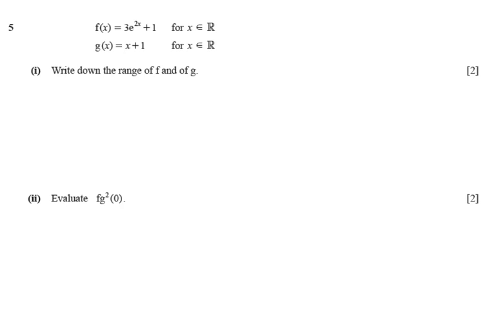We will now proceed to question number 5, where you are given the function of f and also the function of g. You have to write down the range of f and of g, given that x are real numbers. So in this case, for f(x), 3 exponential of 2x plus 1.